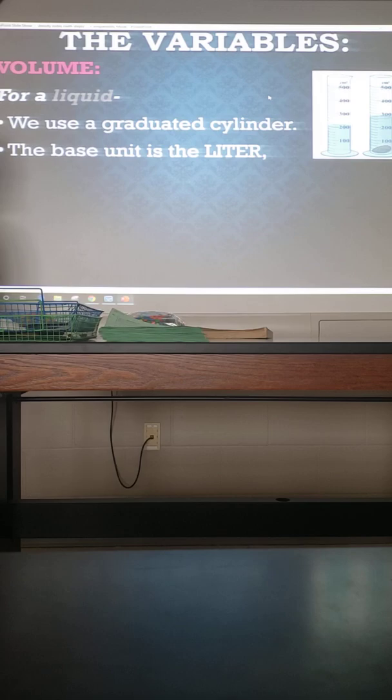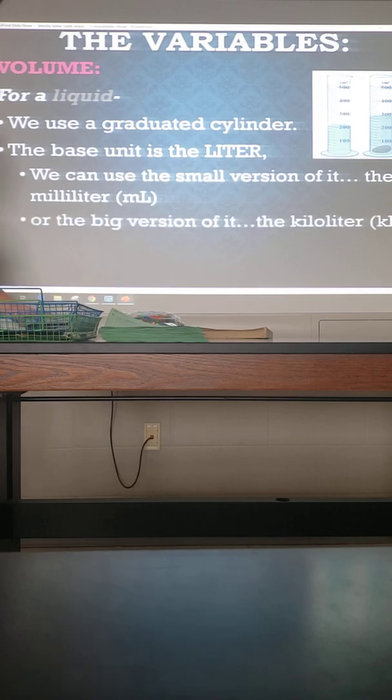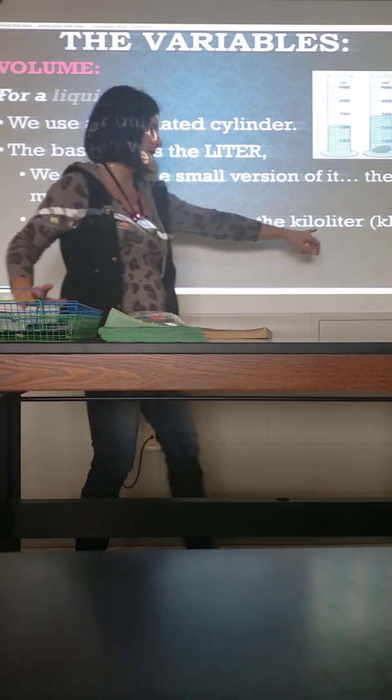So the base unit for liquid volume is going to be the liter. Again, we can use the small version of this by putting the milli in front of it, the milliliter, or we can make the big version with the kiloliter, kL. Notice how the L's are capitalized.